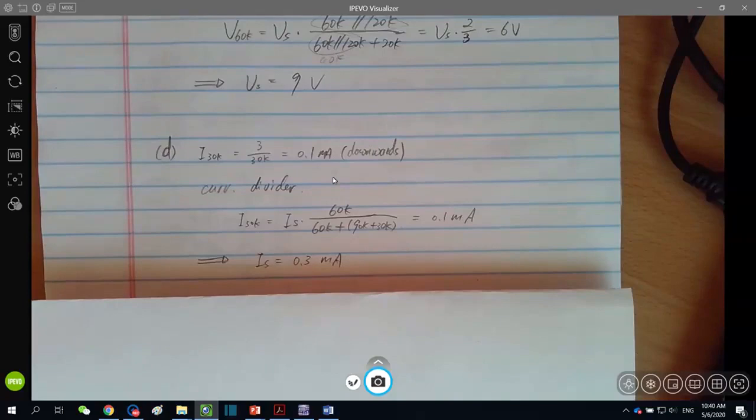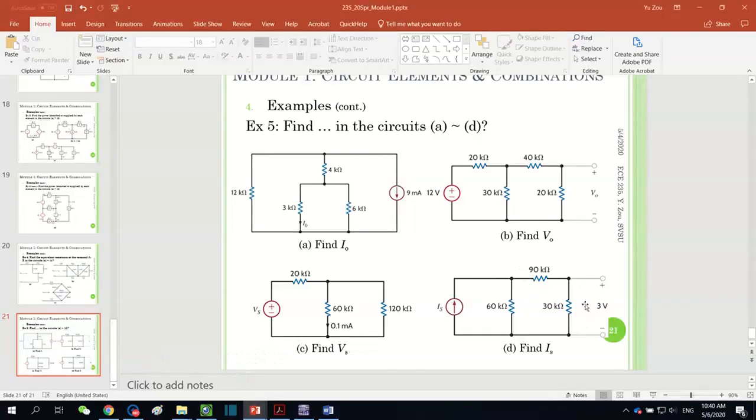But here, pay enough attention to this current direction. We call it downwards. The reason is, going back to the circuit, the positive is here, negative is here. So you use this voltage divided by 30 kilo ohm, which gives you the current from the positive, higher potential point towards the lower potential point, negative.